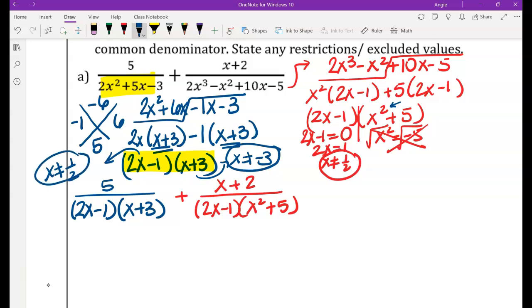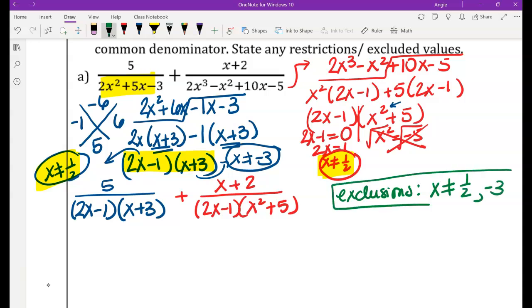So currently we have 3 exclusions. Exclusions: x can never be, well, since we have 2 of 1/2, we don't need to do it twice. So we're going to write x can never be 1/2, comma, -3, and we box that up.